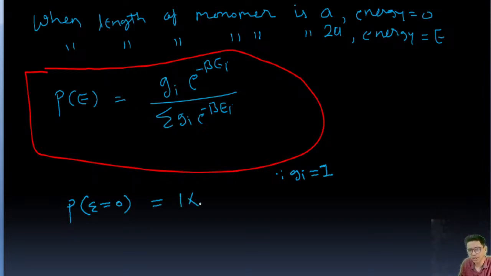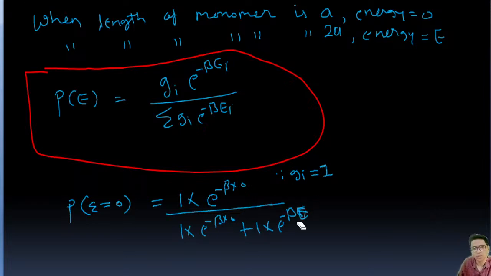So this is 1 into e^(-beta E_i), with E equal to 0, so e^(-beta times 0), upon sigma g_i, which means 1 into e^(-beta times 0) plus 1 into e^(-beta E), because there are two monomers, right? One has length A, another has length 2A, and one contributes 0 energy, another contributes energy E.